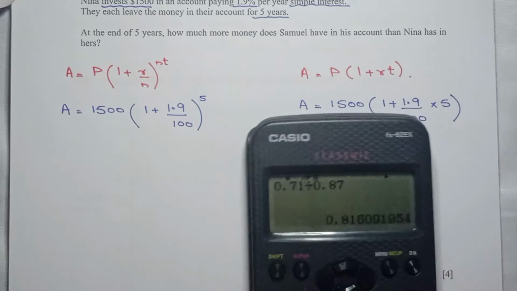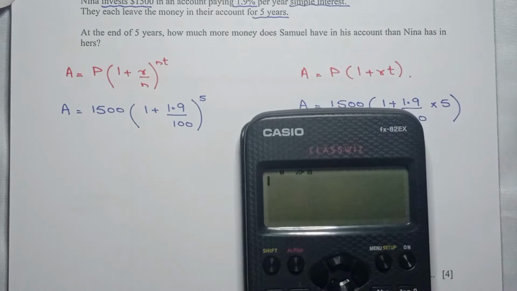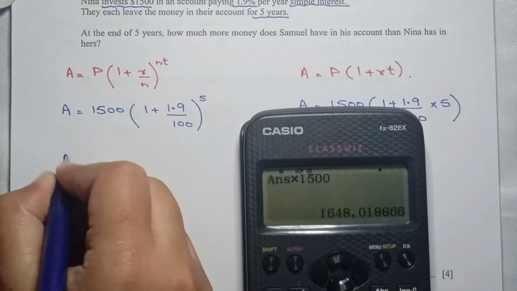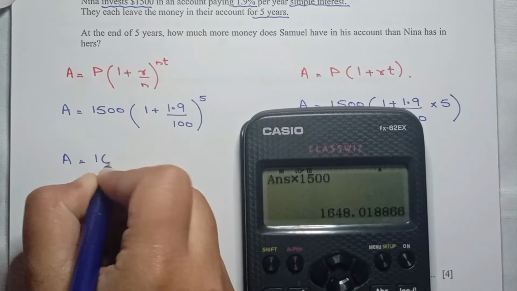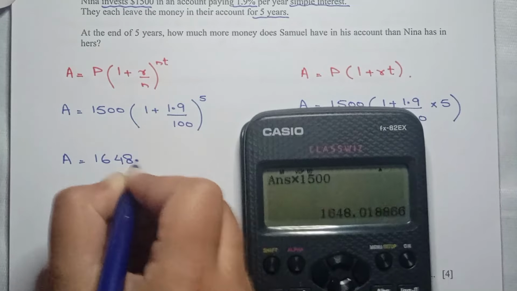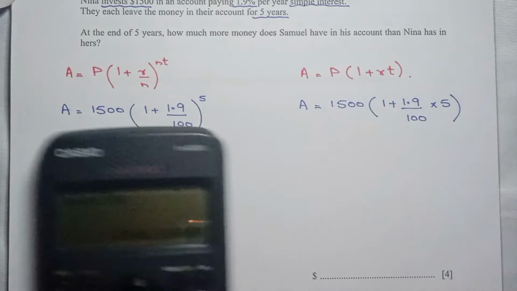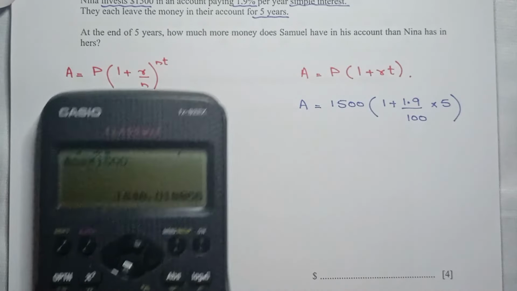For Samuel, 1.9 divided by 100, add 1, with exponent 5, and then times 1,500, it would be 1648.01. So the amount would be 1648.02 correct to 2 decimal places. Okay, now let me find Nina's case.